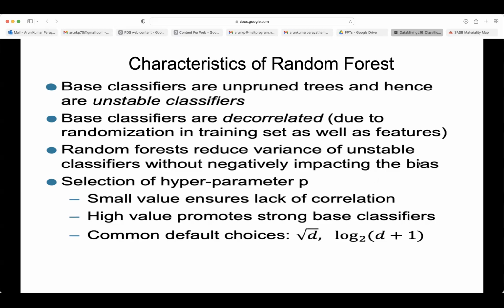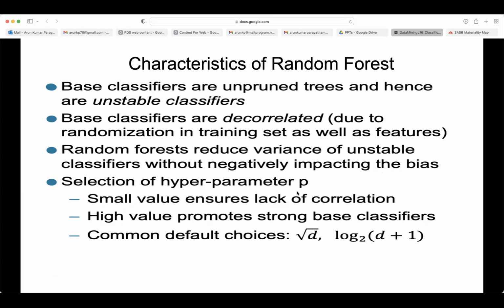Here also, bias means underfitting. So random forests reduce variance of unstable classifiers without negatively impacting the bias. What is variance? Variance is the opposite of bias; it is overfitting. So random forest reduces overfitting without impacting the bias, meaning it won't bring down overall performance on the data set.